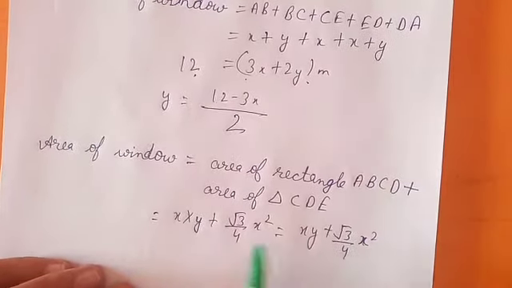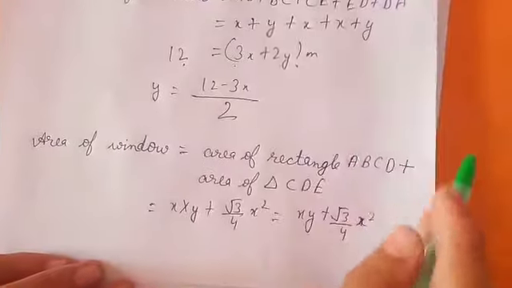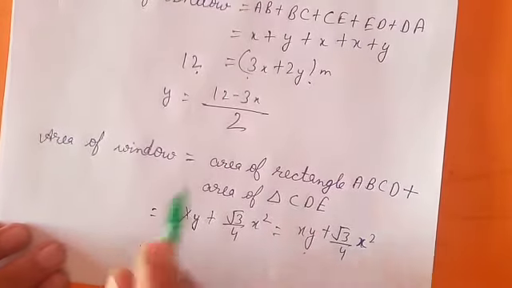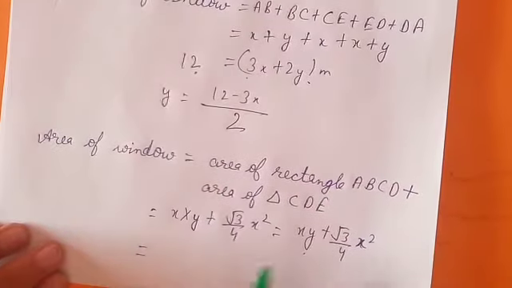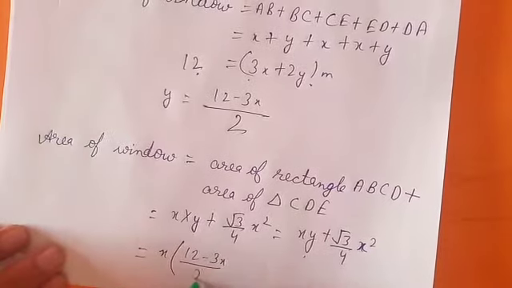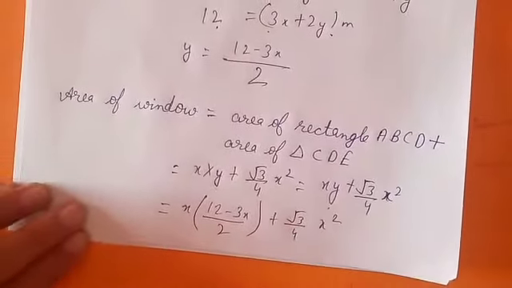But we know the value of y in the form of x, so we can replace y with that value, that is (12 minus 3x) by 2. So it becomes x into (12 minus 3x) by 2 plus root 3 by 4 x square.